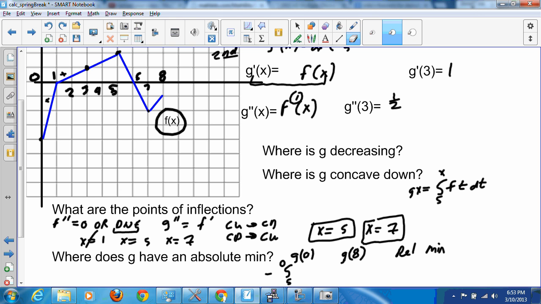Well, I guess probably the easiest thing to do would be just calculate the areas of each one of these, because we are going to probably need them. This is a triangle between 0 and 1 with a base of 1 and a height of negative 4, so we have 4 times 1, half of that is a negative 2, and this is just a triangle with a base of 4 and a height of 2, so that would be 8, half of 8 is 4.